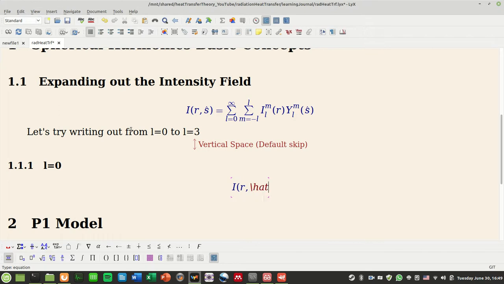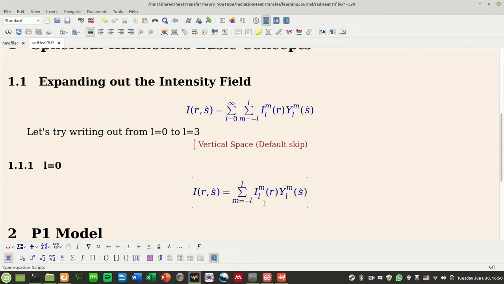The relevant terms are as follows: we just have L equals 0, then we just have this summation, M equals minus 0 to 0. Now this is a very simple summation, so I'll just replace everything here by 0.